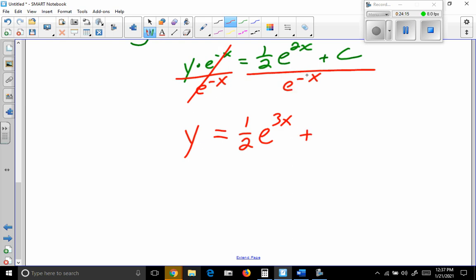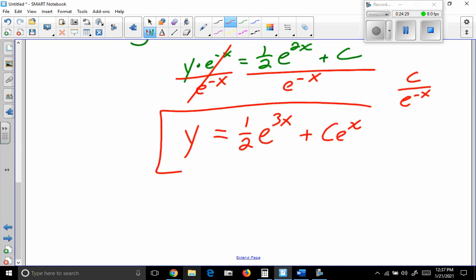Then c divided by e to the negative x. If we move the e to the negative x to the top, that'll make that e to the positive x. So just divide each of those by e to the negative x and simplify.